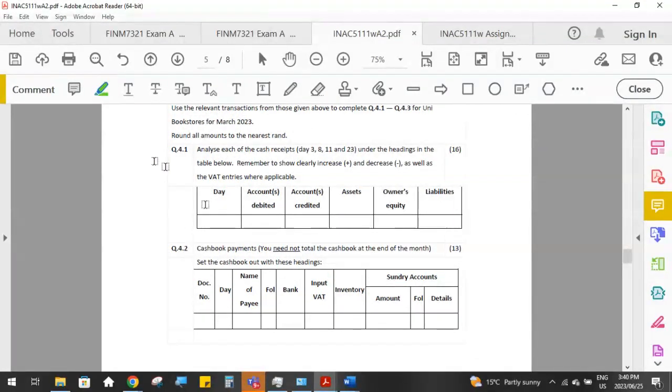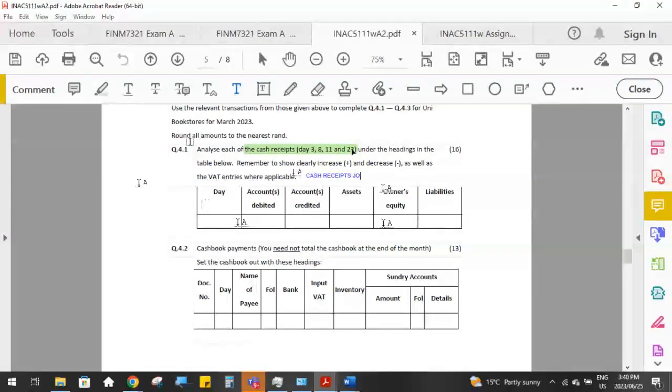So you had to, in 4.1, analyze each of the cash receipts. So they gave us the 4, and we had to put these. These headings they've given us are for a cash receipts journal. Sorry, not the cash receipts journal itself.